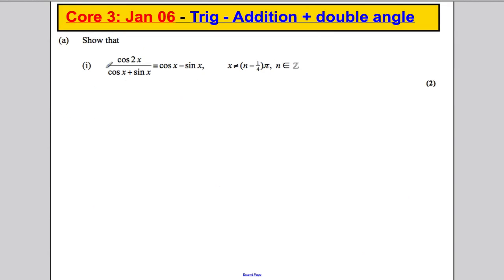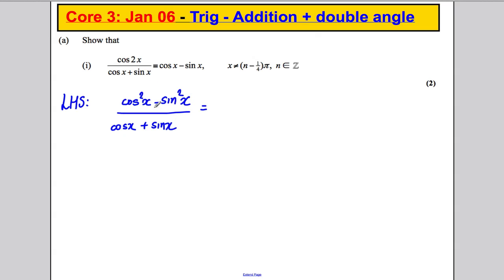Okay, first part, you're asked to show the following. Now, start off with the left-hand side. You should know the double angle formula, cos 2x. We could write that as cos squared x subtract sine squared x all over cos x plus sine x.